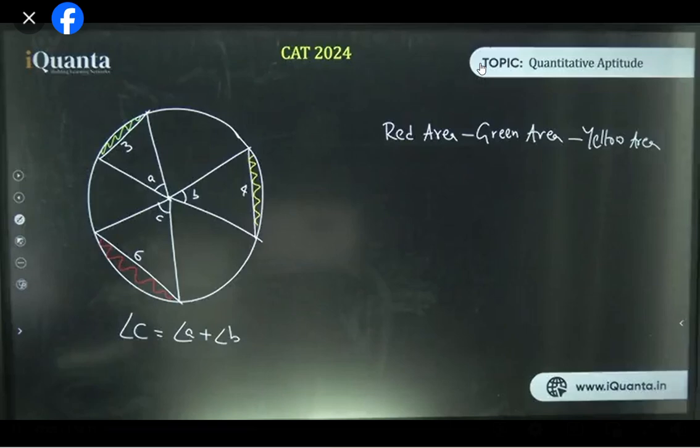See, we are studying and the match is about to start. Afghanistan and India.